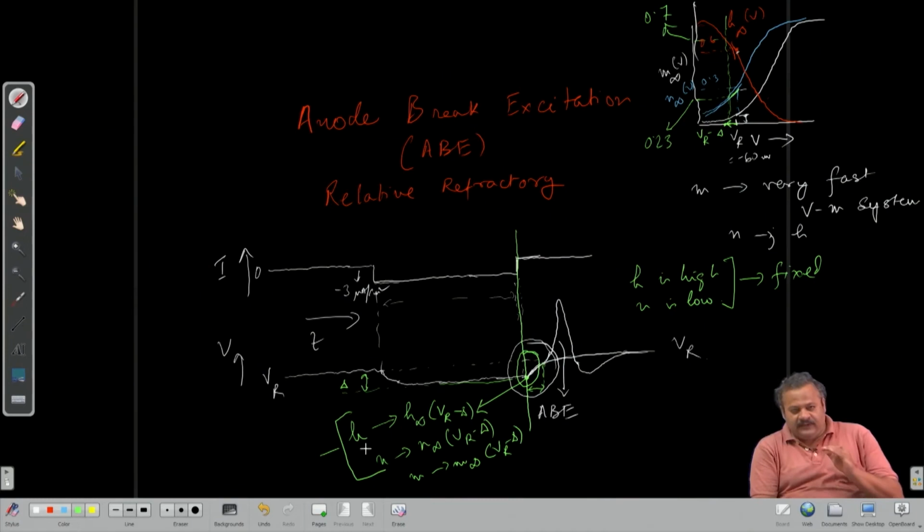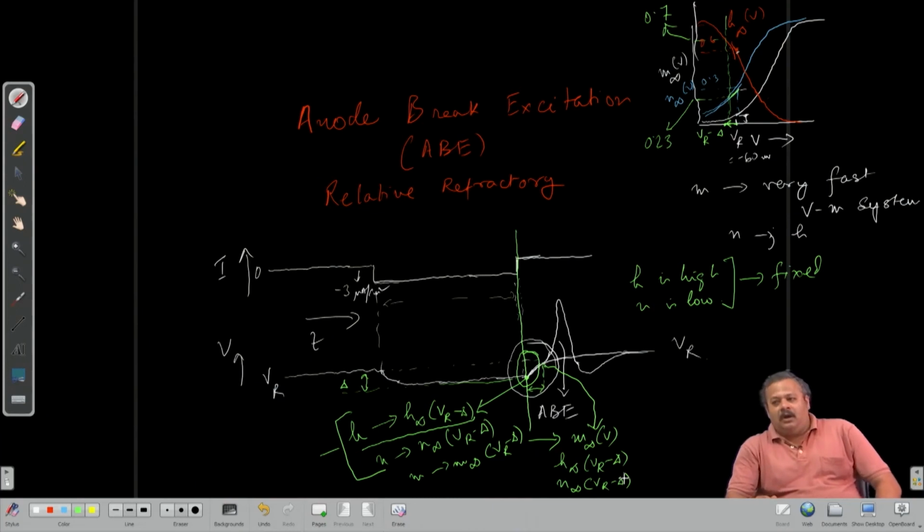h is very slow, so it stays at h infinity of Vr minus delta, changing very slowly. By the time m infinity has gone from m infinity of Vr minus delta to m infinity of V, h is still effectively at h infinity of Vr minus delta, and n is still at n infinity of Vr minus delta because of their large time constants.